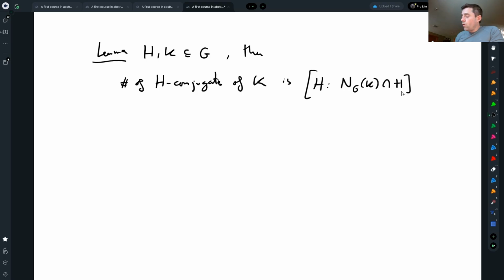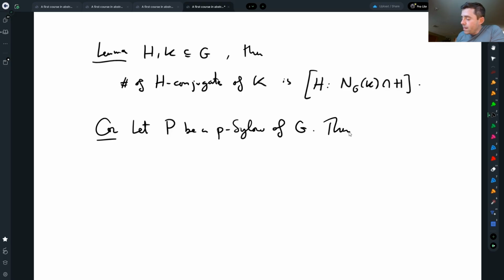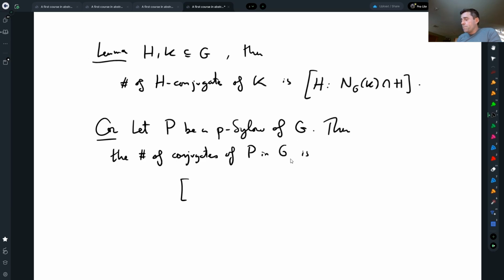So as a corollary for our case, let P be a Sylow p-subgroup of G. Then the number of conjugates of P in G is given by, well, what is H here?